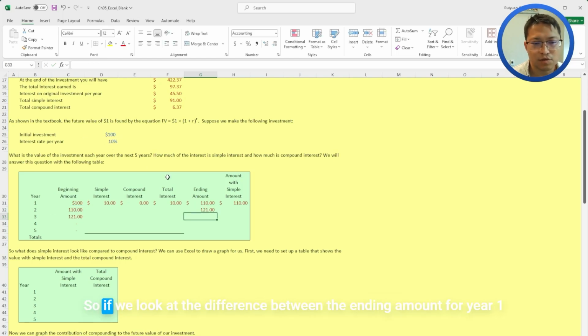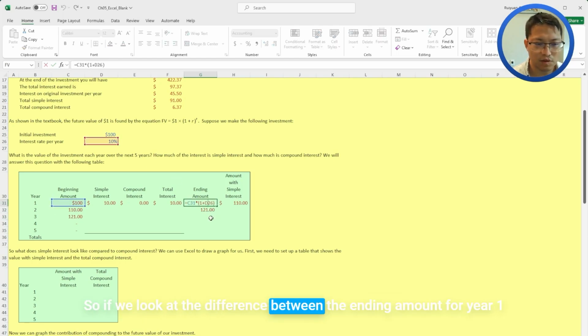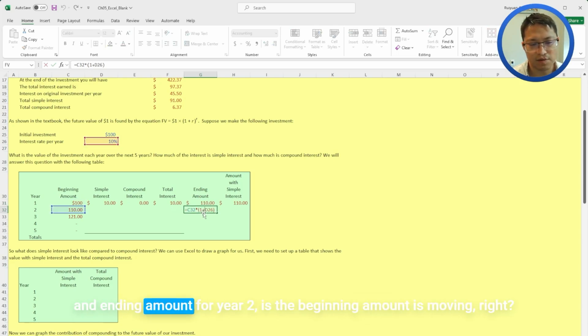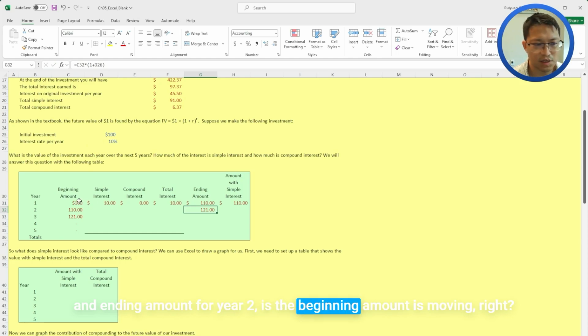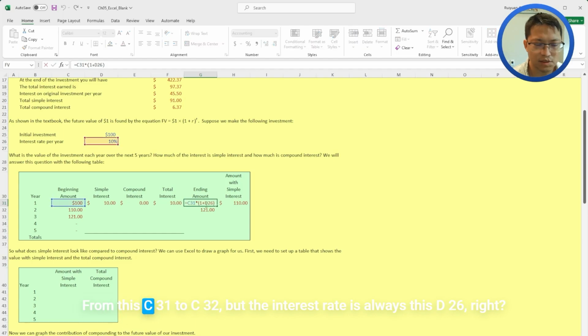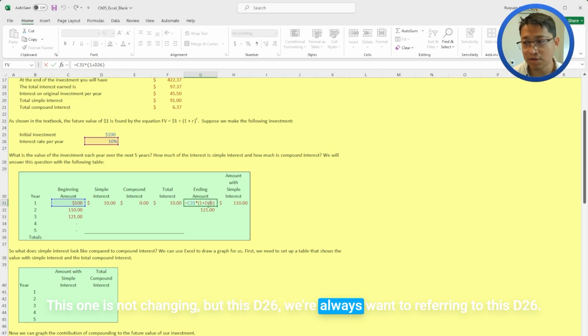If we look at the difference between the ending amount for year 1 and year 2, the beginning amount is moving from C31 to C32, but the interest rate is always this D26. So we want to make sure this one is not changing, and we're always referring to this D26.